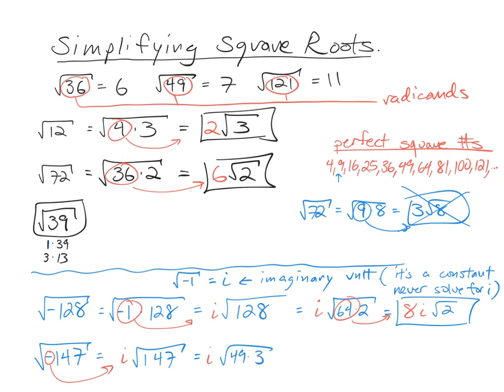And then you can take the square root of 49 and get 7, put it in front. i is still outside of the square root. 3 is still left in the square root. You can see it right here. And we have our final answer.